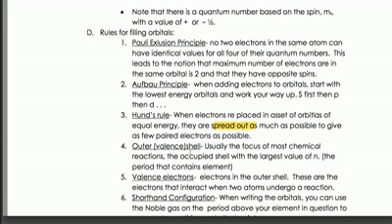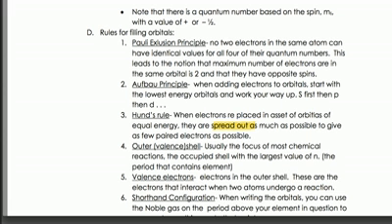All right. The valence shell is the outermost shell of electrons, and that's where the chemical reactions occur. And it's the largest value of n that we have. Valence electrons are the electrons in the valence shell that determine the reactivity of whatever we're looking at.